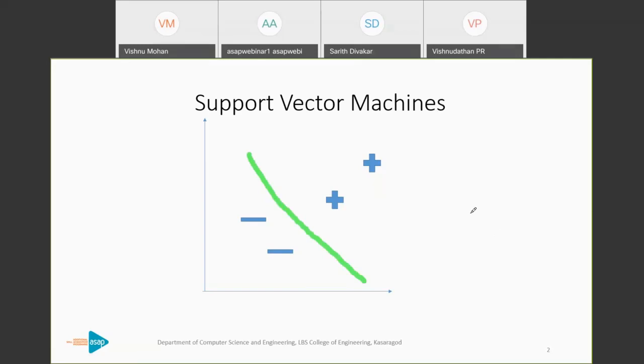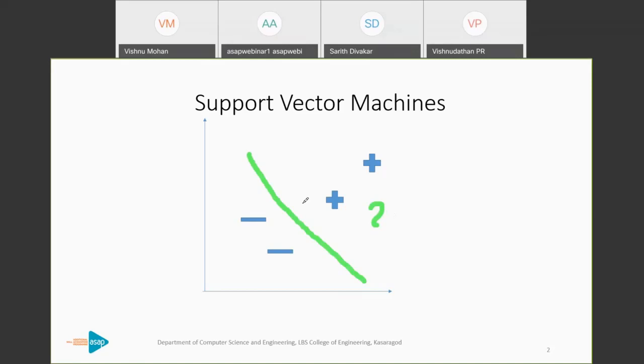Now, when you get new data, say I represent it like this, the decision boundary will help me to classify the unseen data as positive or negative based on the decision boundary. You can compare this decision boundary with the decision boundary of other algorithms as well.